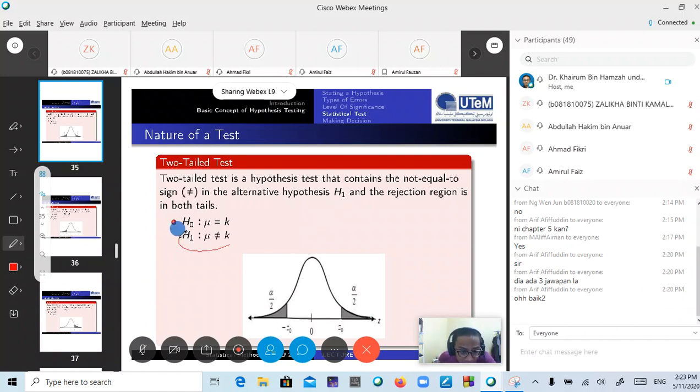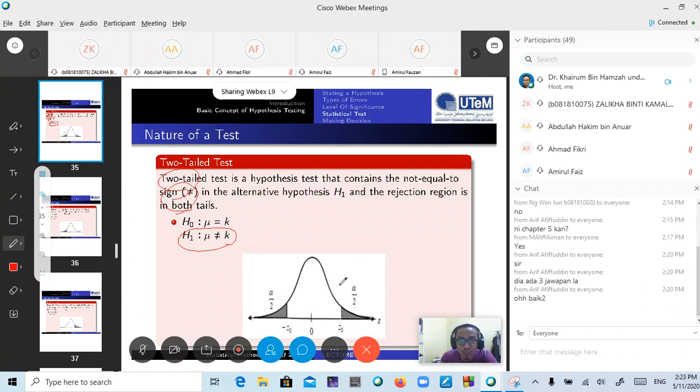We refer to H1. If your H1 has a not equal sign, so it is a two tail test. Remember, when your H1 has a not equal sign, we are using a two-tailed test.